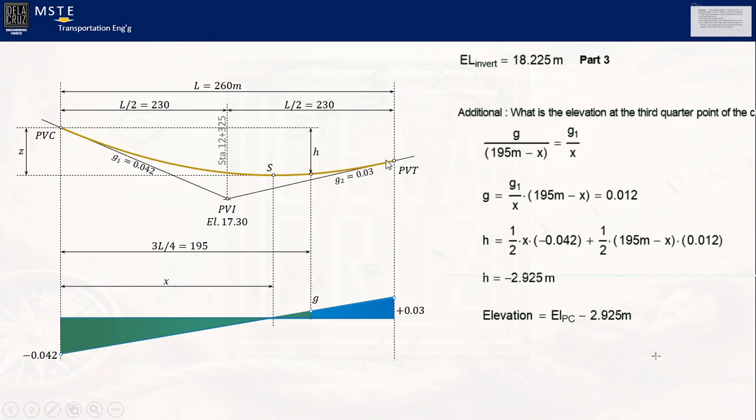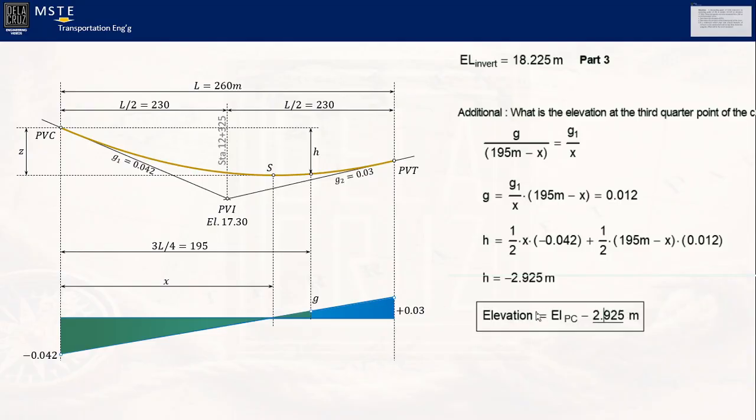Okay? Then their difference in elevation is the area of this grade diagram here. So, in that case, the difference in elevation you get is positive because everything here is positive. That means that the elevation of PT is higher than the elevation at this point. Okay? I hope you are getting that.